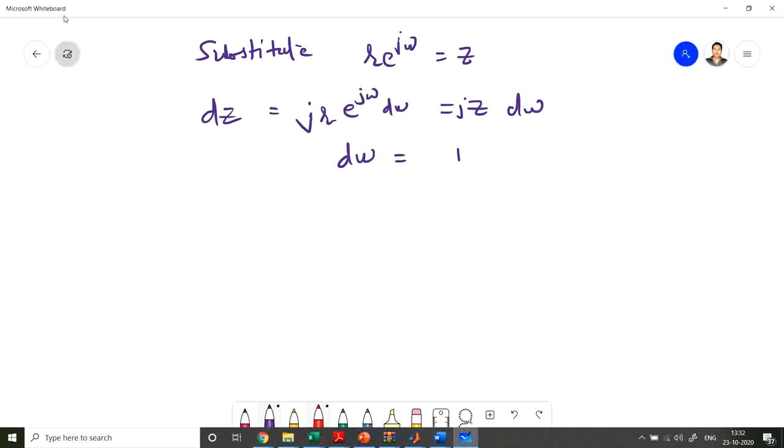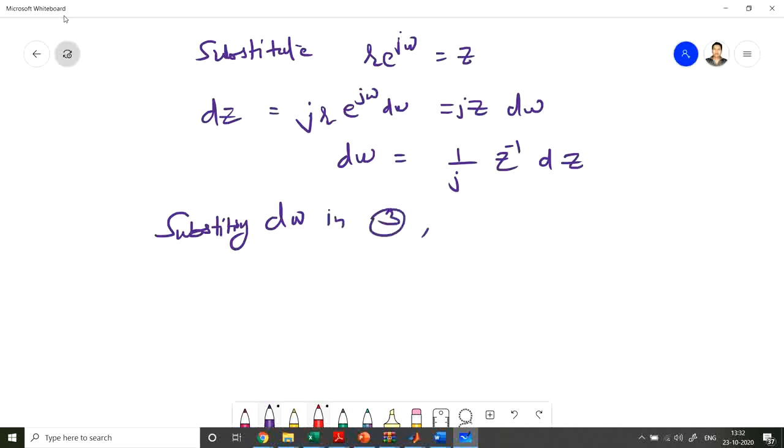So d omega is nothing but 1 divided by j, z inverse, dz. Now we can substitute this d omega value in equation 3.